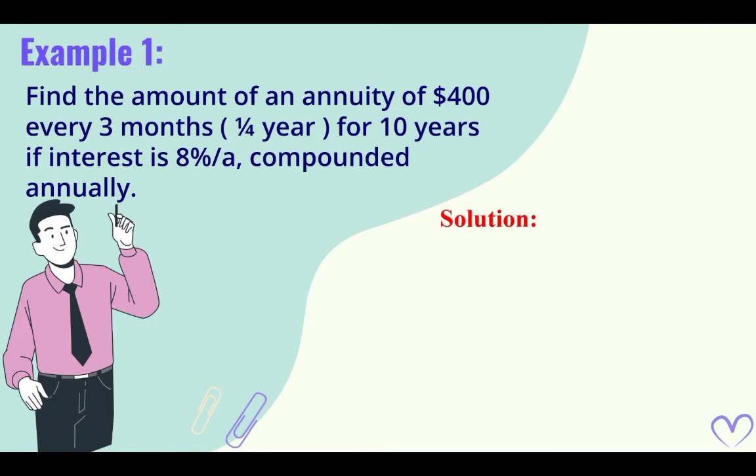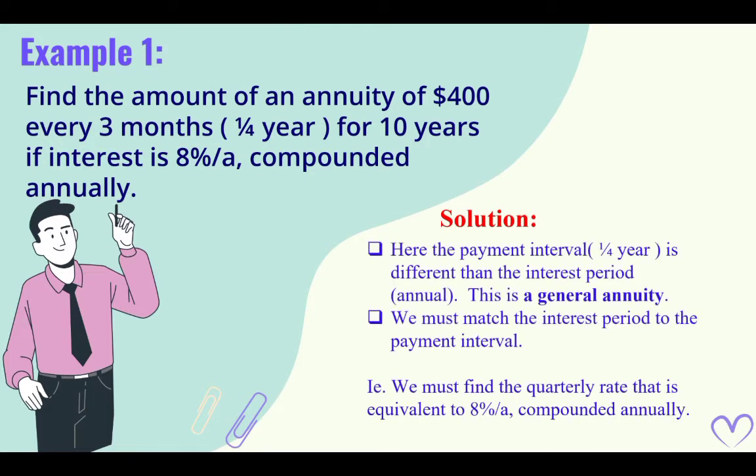For our first example, find the amount of an annuity of $400 every 3 months or 1/4 year for 10 years if interest is 8% compounded annually. The solution would be, here the payment interval is every 3 months, which is different from the interest period because the interest is compounded annually.